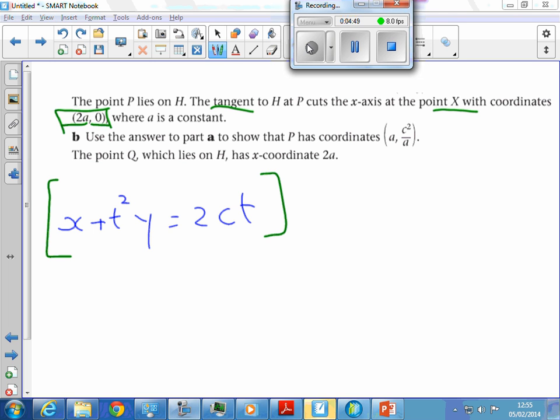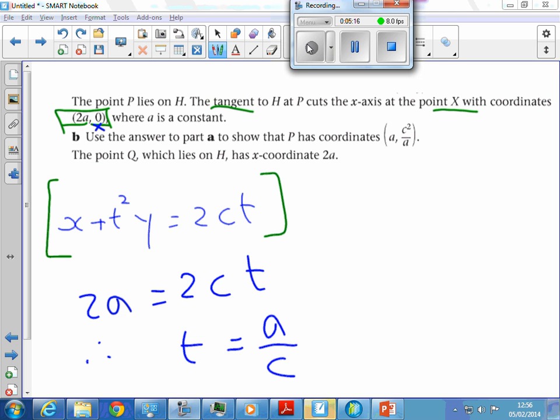So we substitute that in, we can say that 2a plus 0, because t squared times y is 0, has to equal 2ct. Therefore, t is equal to a over c.